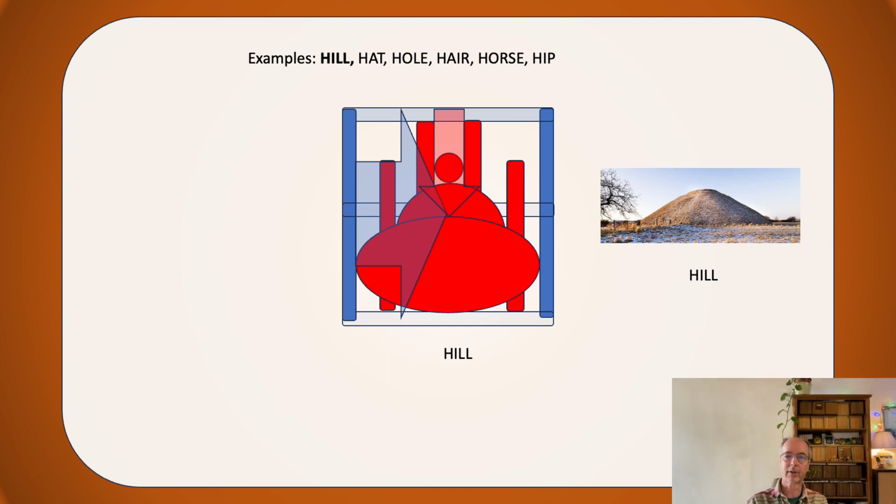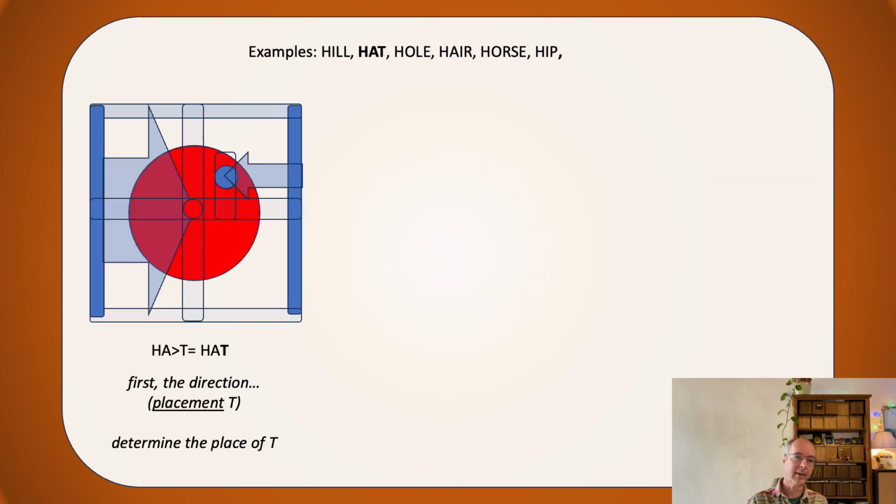I give you a few more examples with H, like the hat. Here I will go from letter to letter again and find out where we have to go to. In hat we have to end in T, in a distinctive placement. So we will determine the place of T, but we start from the large spatial area, in which the A is not as large as the full space. It's inside that spatial area, so it is limited in space.